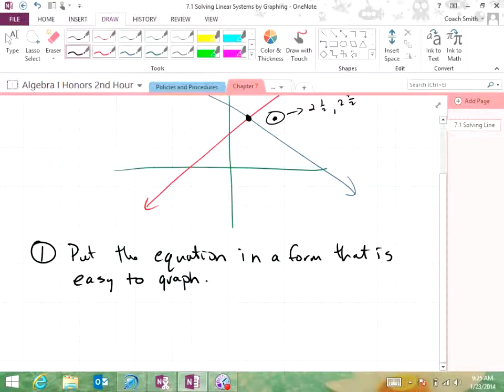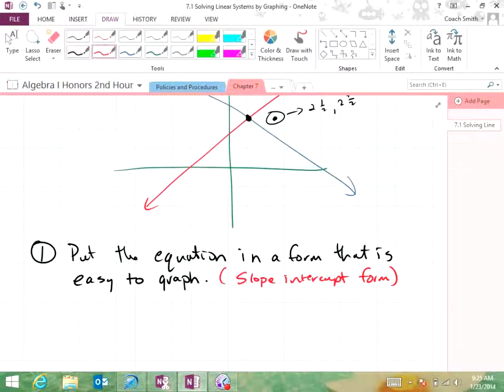So, probably the easiest form to put it in is slope-intercept form. If you think of one that's easier for you, you can do that. But for the most part, if we put it in slope-intercept form, that's probably the easiest way to do it.